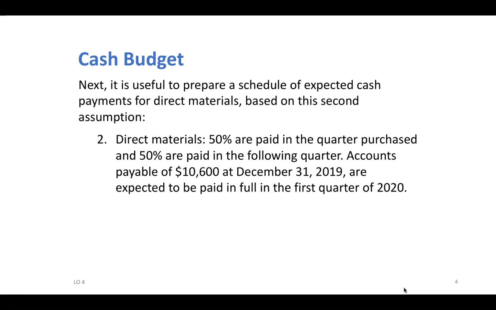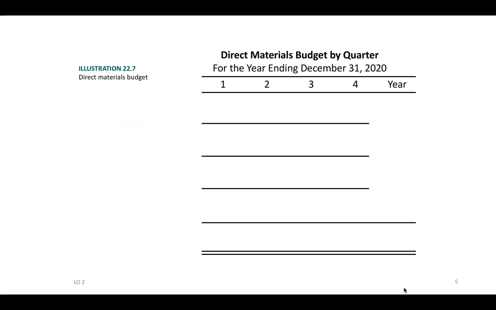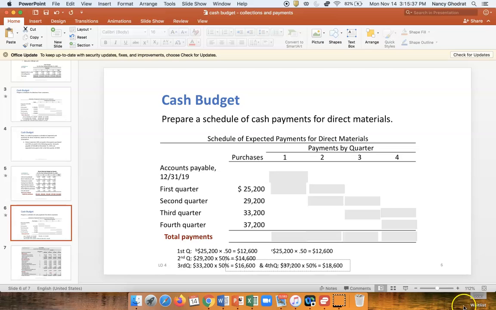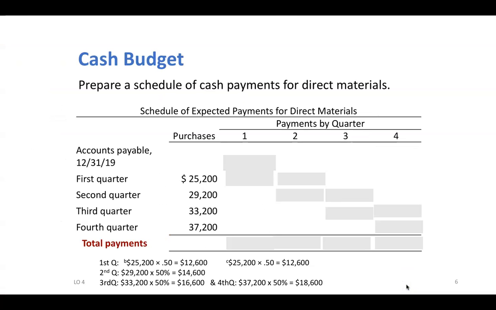Now, as of 1/1/2020, we owed $10,600 to our vendors that we're going to pay in the first quarter of 2020. So when we look at the schedule of payments, the first item you're going to see in first quarter is that accounts payable that we owe to the vendors in the prior years.